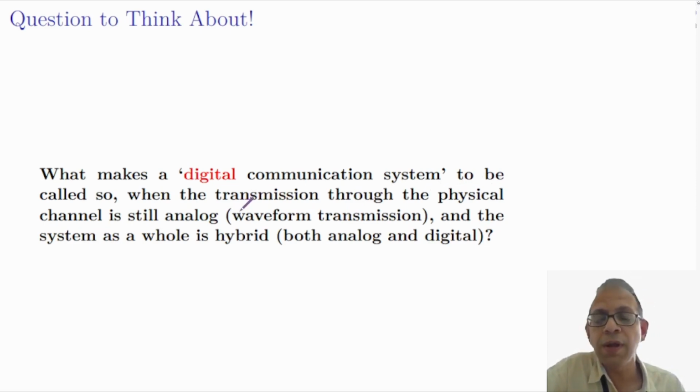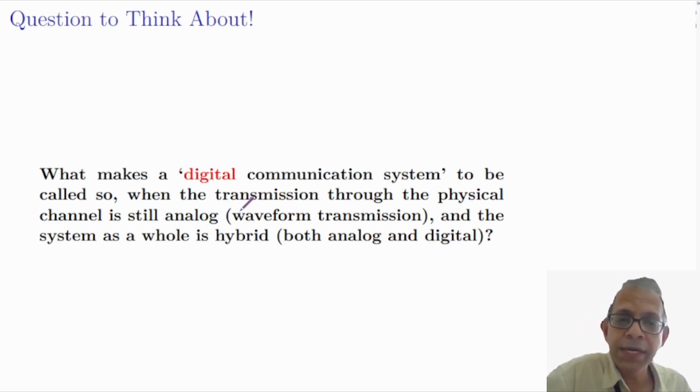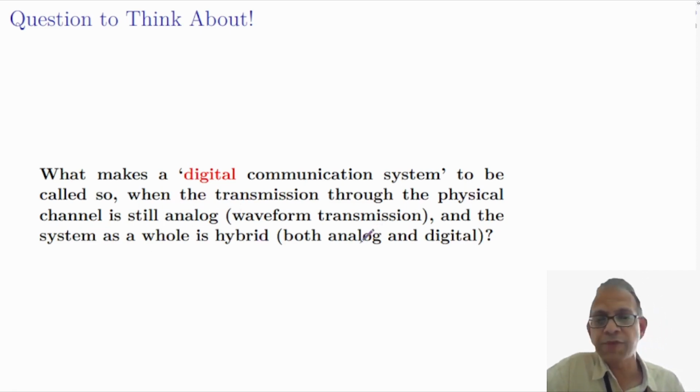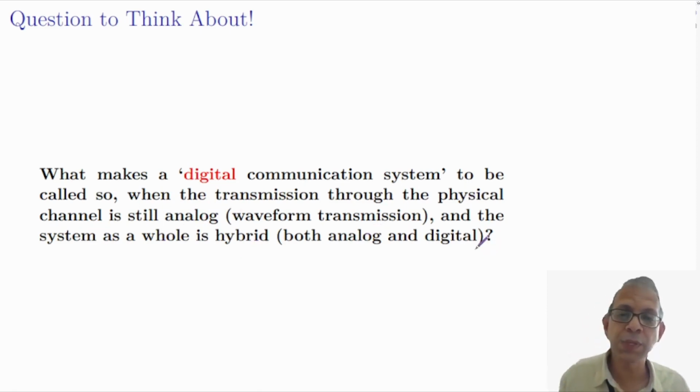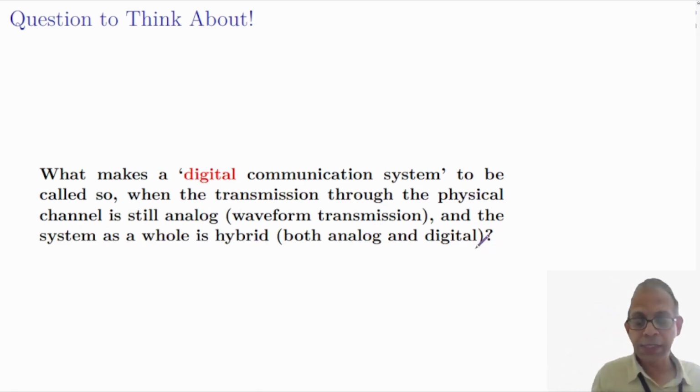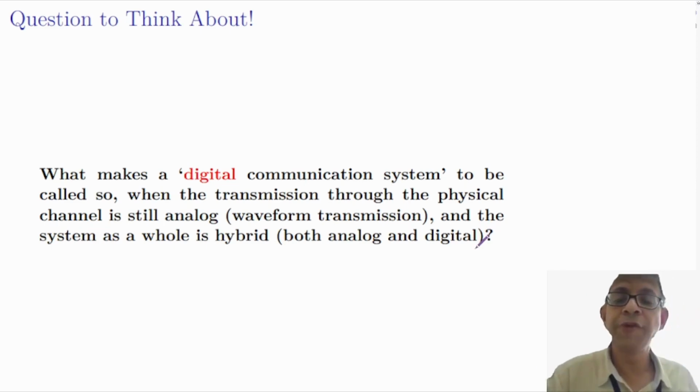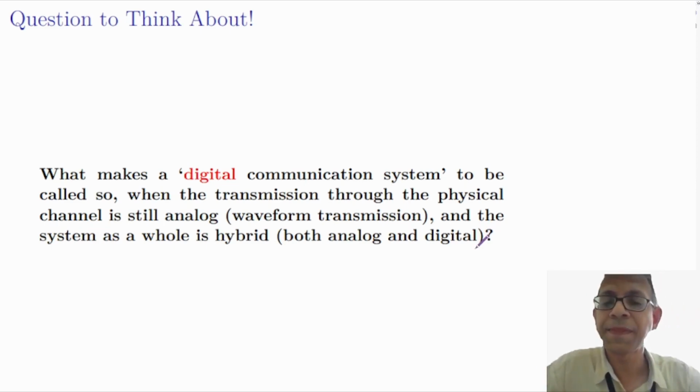That means, why do we call a digital communication system digital when the transmission through the physical channel is still analog? It is only a waveform transmission through the physical medium, and the system as a whole is hybrid, both analog and digital. Still, we call such a system a digital communication system. This is an important question to think about.